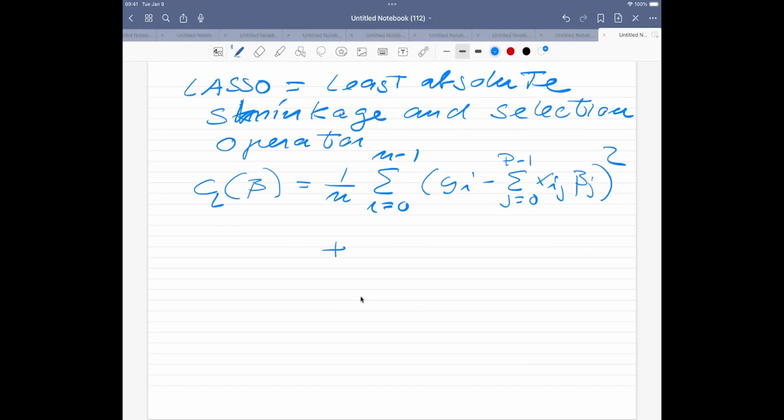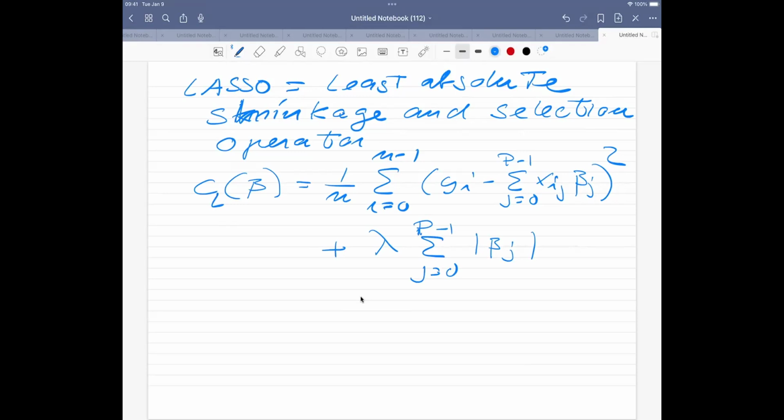And then I have plus lambda times a sum over j equals 0 up to p minus 1 of the absolute value of beta j. So this is just a different way of introducing this regularization or penalization term.